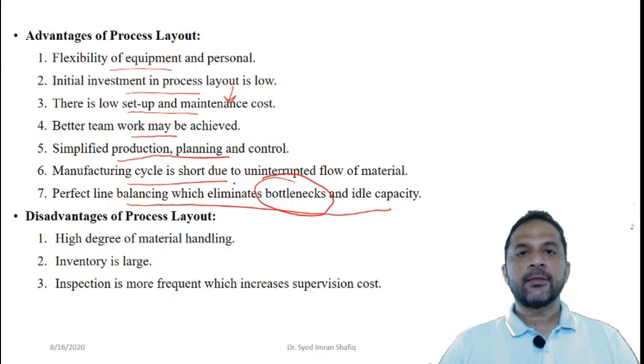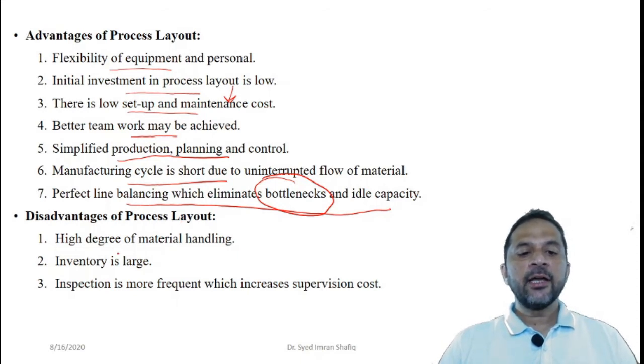Bottleneck is a situation where you have a long queue at one machine or one resource, while others are relatively idle. So these are some of the advantages of process layout, but there are certain disadvantages of process layout also.